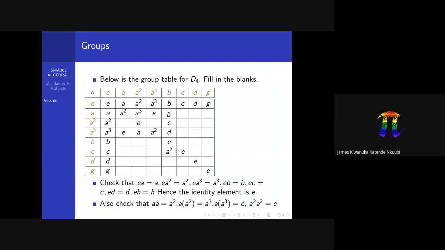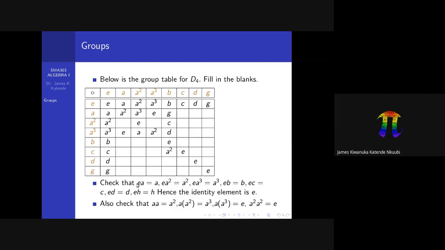Good. So using the same ideas, you can fill in the group table for D4. I have filled in some of them. Hopefully they are correct. You can go and double check this, and then fill in the remaining spaces. You compute all the others and fill them in.